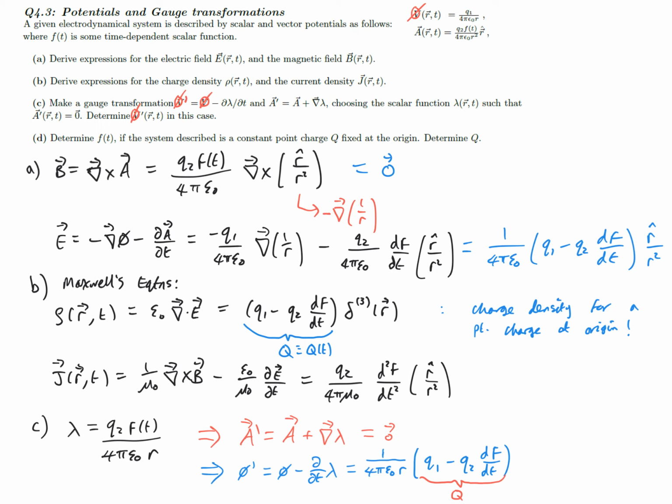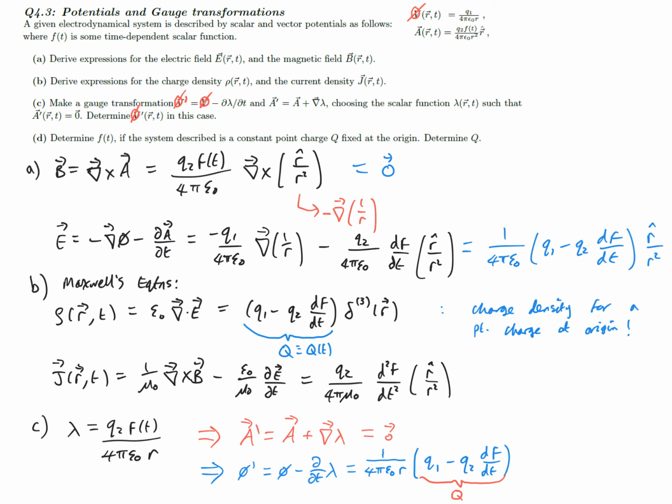And of course, the potential here, the scalar potential, is the same as the potential you would get for a single point charge q located at the origin. So actually this is all making sense. So even though we don't have a scalar potential that looks like the right kind of thing to start with, by performing a gauge transformation, we can see that indeed the scalar potential looks like the scalar potential of a static point charge located at the origin with zero vector potential A primed.